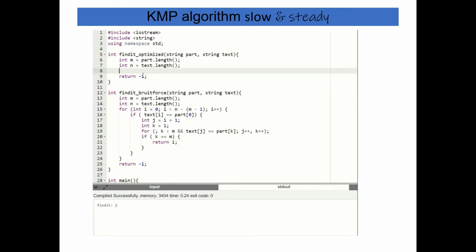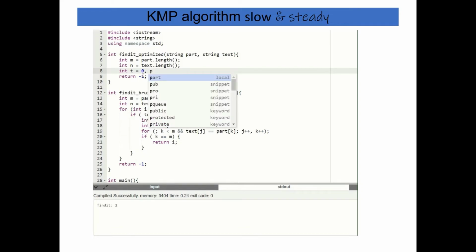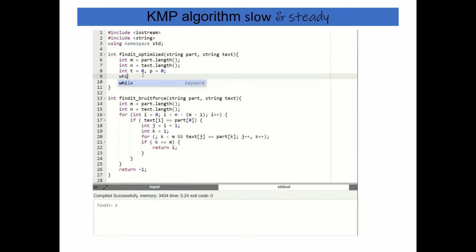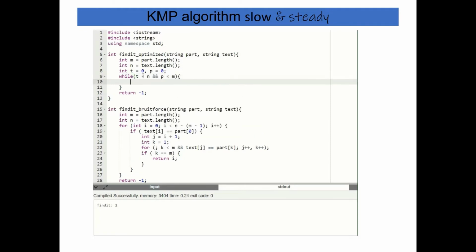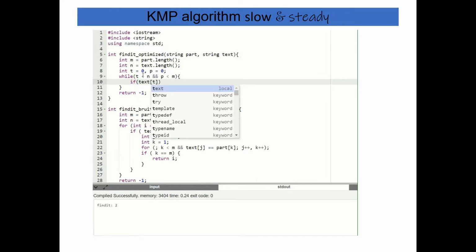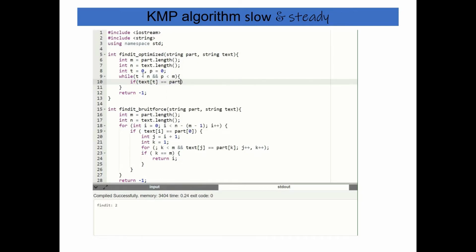So in our improvised solution, what do we do? We define indexes into text as t and into part as p, and while they are within bounds, so t is less than n and p is less than m, we check if text at t equals the character at position p in the string part.